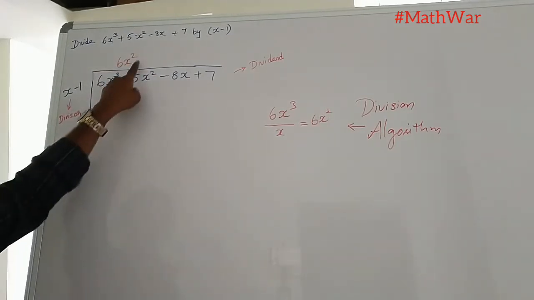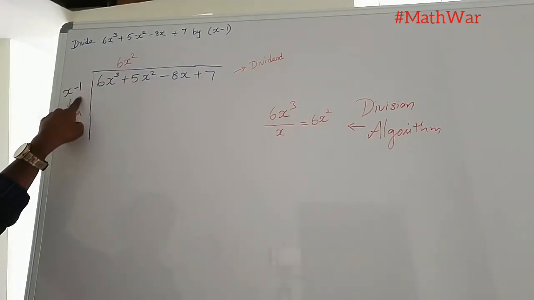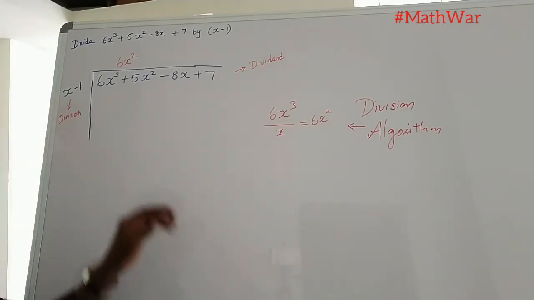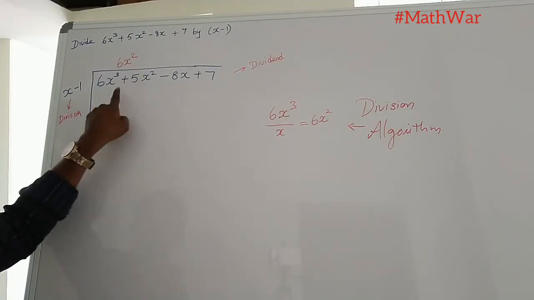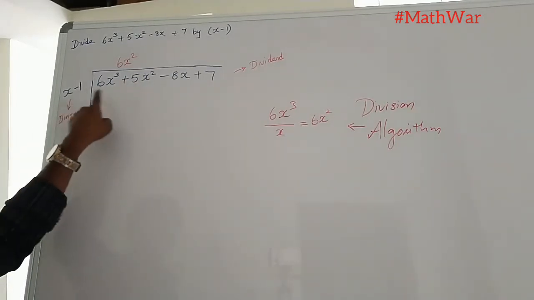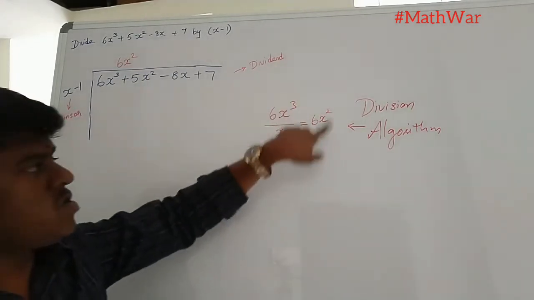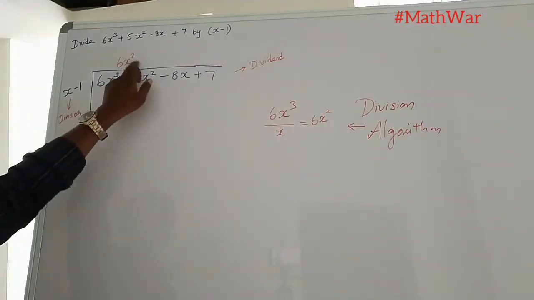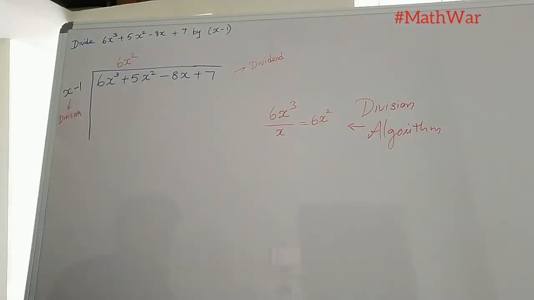Now we should multiply the 6x square with x minus 1, and we should write it here. This is the process of dividing. So first you take the dividend's first term divided by the divisor's first term, you should divide, and that answer we write in the quotient place. After that, we multiply 6x square by x minus 1.